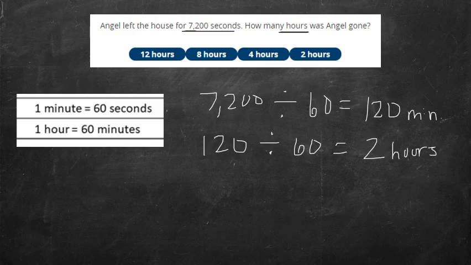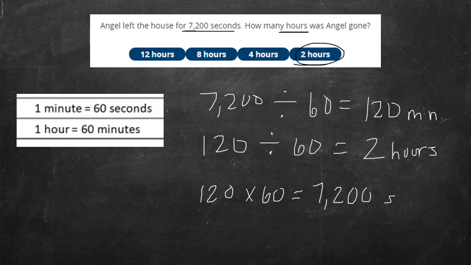So this lets me know that Angel was gone for 2 hours. Okay? All right. I can check this by multiplying 120 minutes by 60, and I will get 7,200 seconds. Okay?